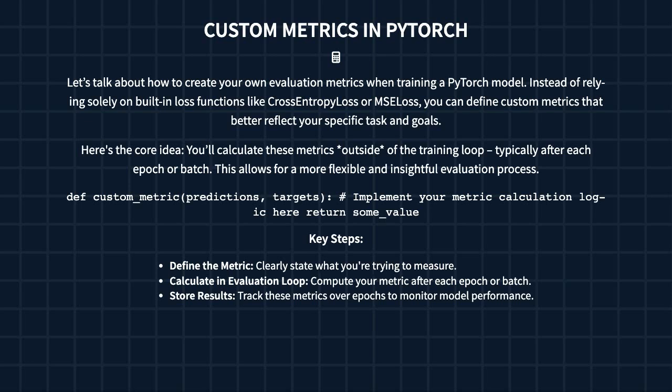You define them yourself and then compute whatever best describes how you want to evaluate your model. I'll show you some basic example code. The key is to implement your specific calculation logic inside the custom metric function. You track these metrics over time to monitor progress, giving you more granular insights than a single loss value alone.